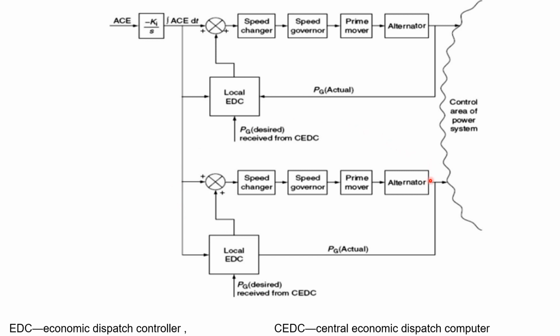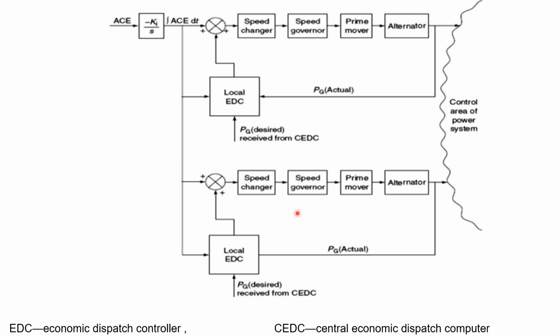So in general, if you compare economic dispatch and load frequency controller, economic dispatch is a slow acting control which adjusts the speed changer setting every minute, or you can say half a minute, in accordance with the command signal generated by the central economic dispatch computer.